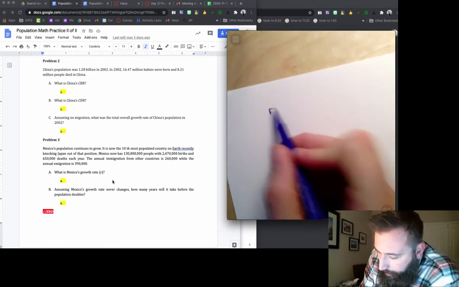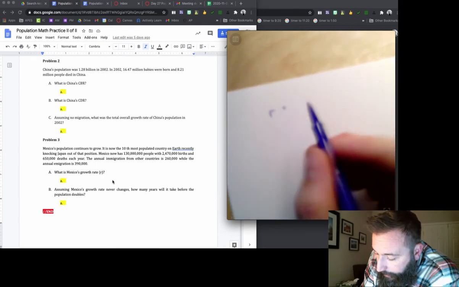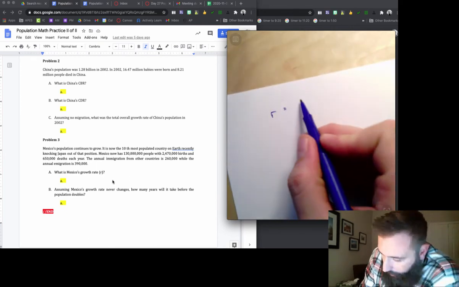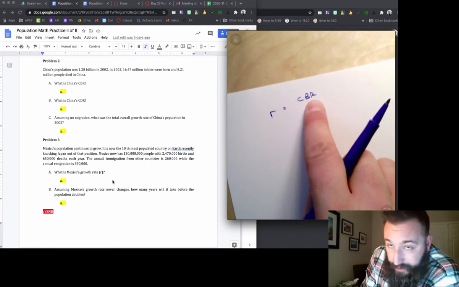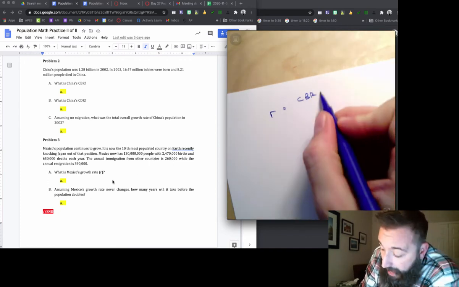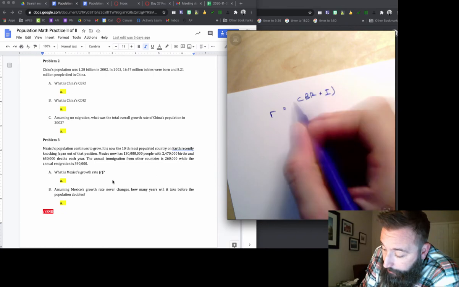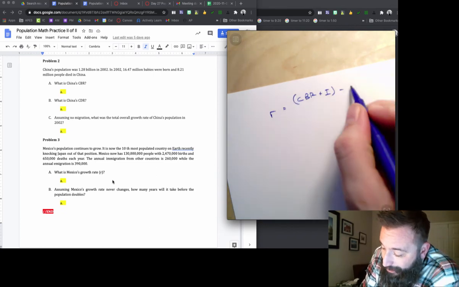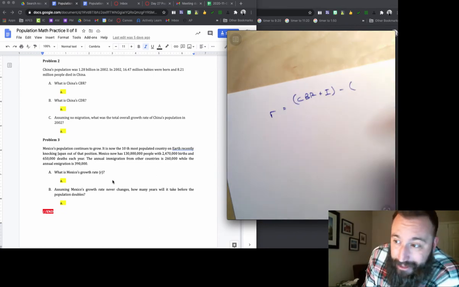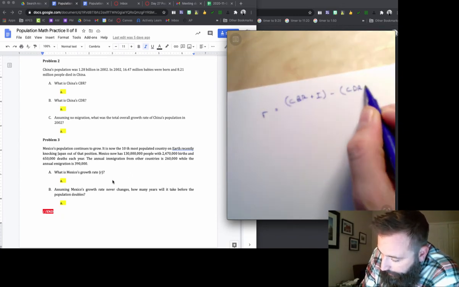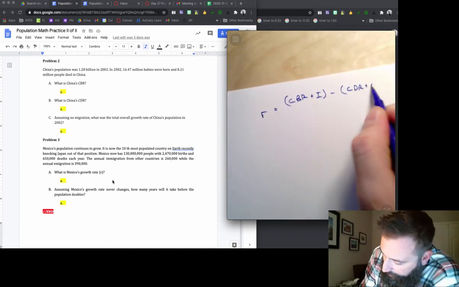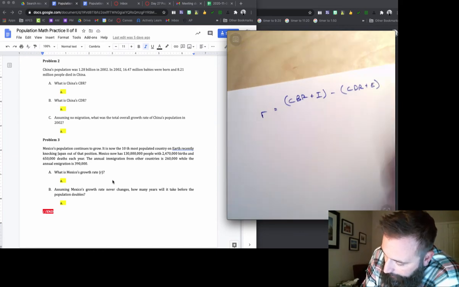Because we're dealing with migration here, we've got to account for that with our equation. So, right, think about the inputs that can increase population sizes, births, and immigration, with an I. We'll subtract out what can decrease population sizes. That's deaths. And since we're accounting for migration, that's going to be individuals leaving the country.